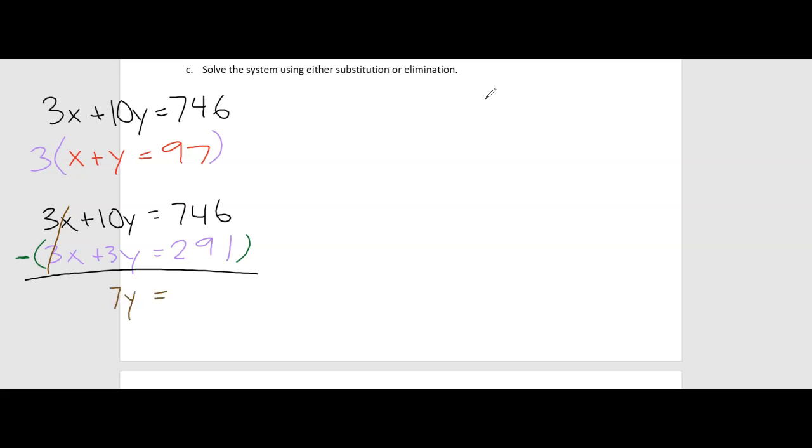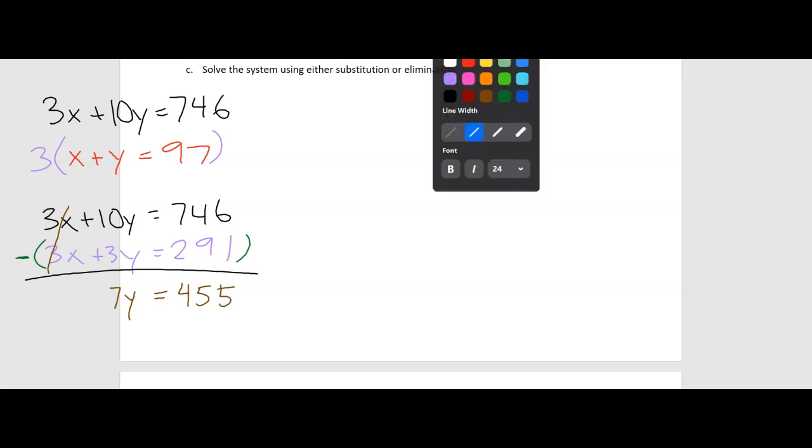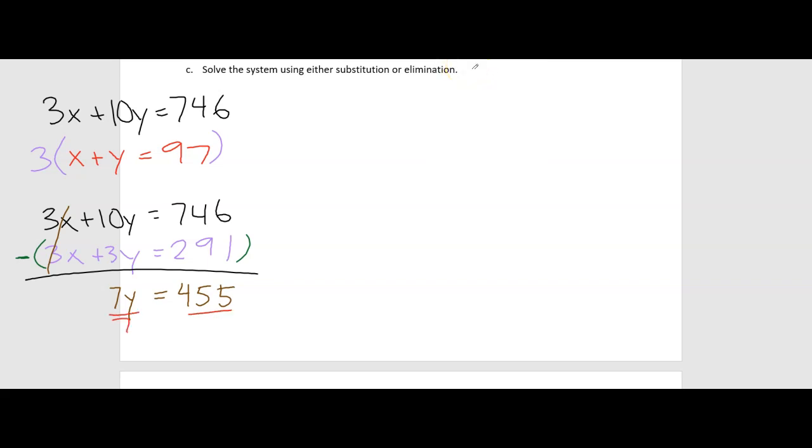And 746 minus 291, let's make sure I get this correct, that's going to give us 455. Last thing to do would be to divide both sides by 7, and that's going to give me y is equal to 65.